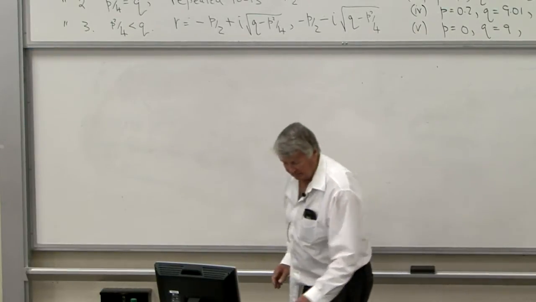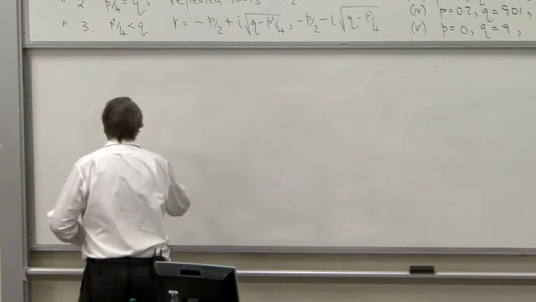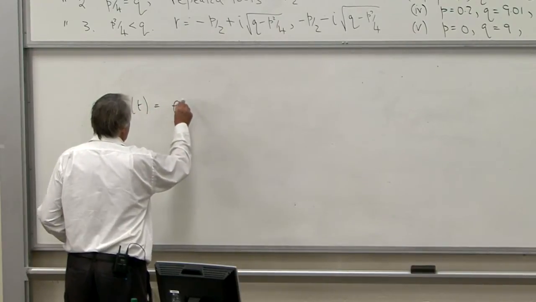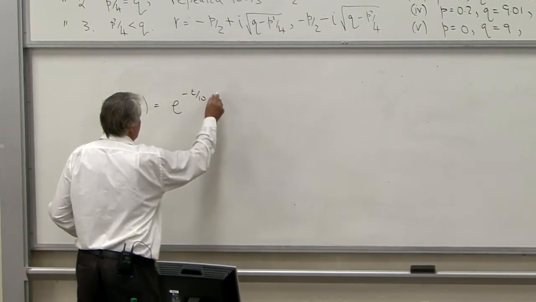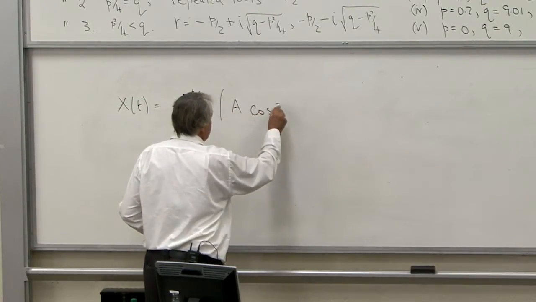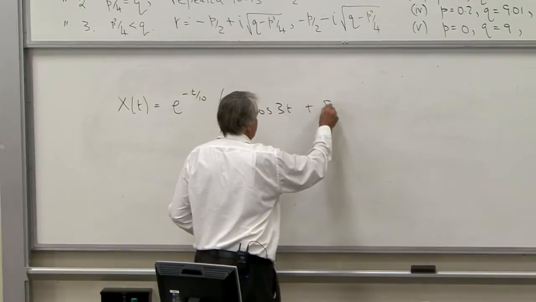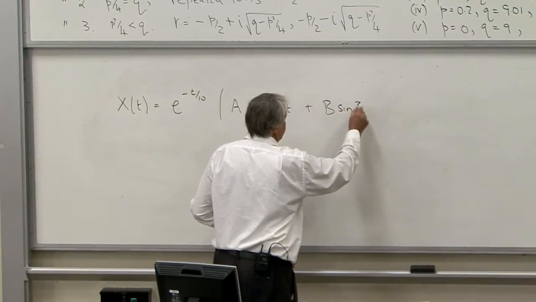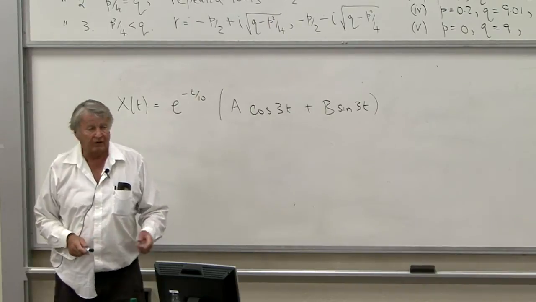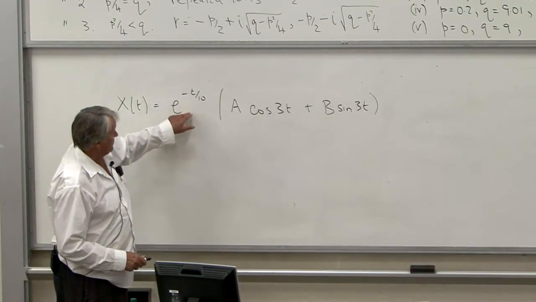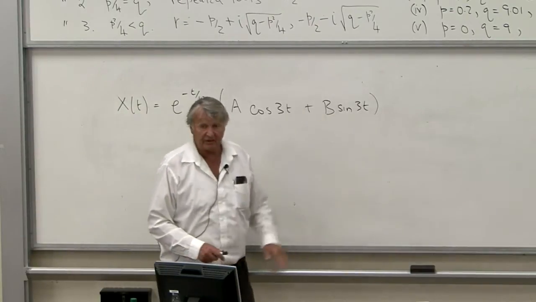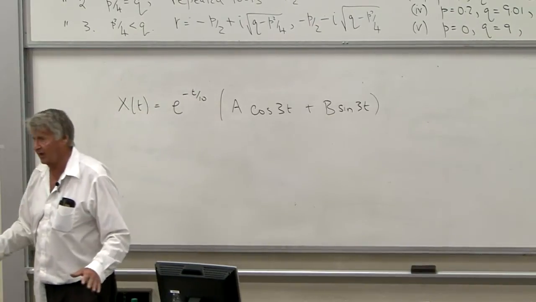For instance, if I have a solution where the displacement is e to the minus t over 10 times the linear combination a cos 3t plus b sine 3t. Now the Wronskian between the solutions e to the minus t over 10 cos 3t and e to the minus t over 10 sine 3t is non-zero for all time.